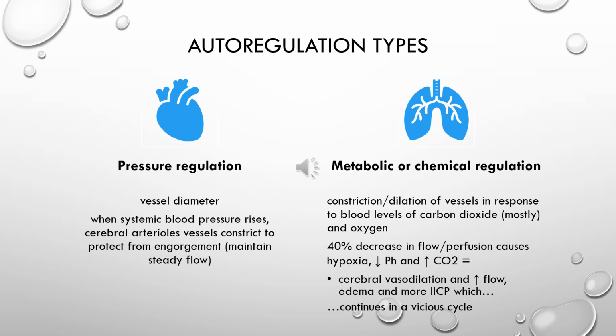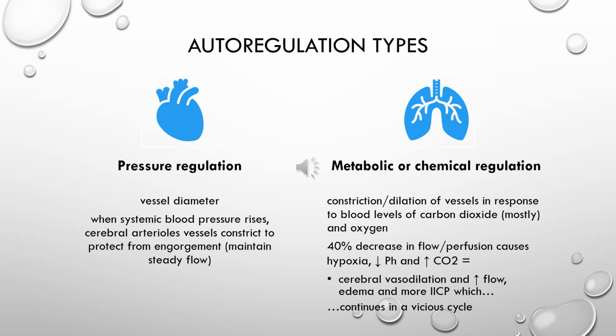And then there's also metabolic or chemical regulation that typically occurs as well, and this is constriction or dilation of the vessels in response to levels of carbon dioxide, mainly in the blood, as well as oxygen. One of the things we know is carbon dioxide, or CO2, is a very, very potent vasodilator.